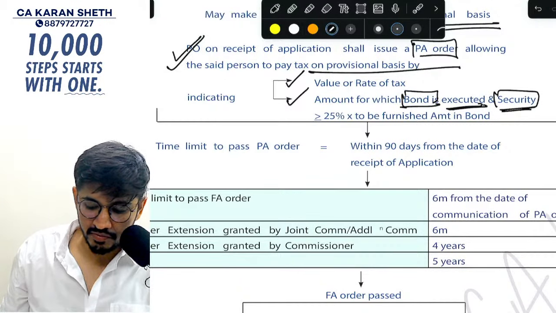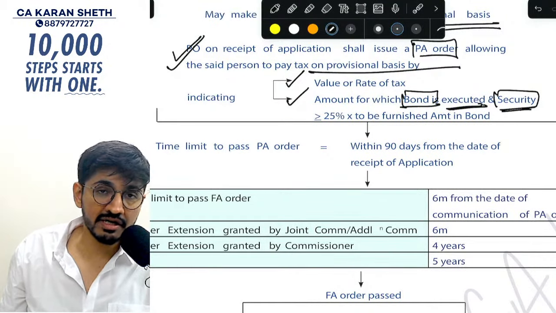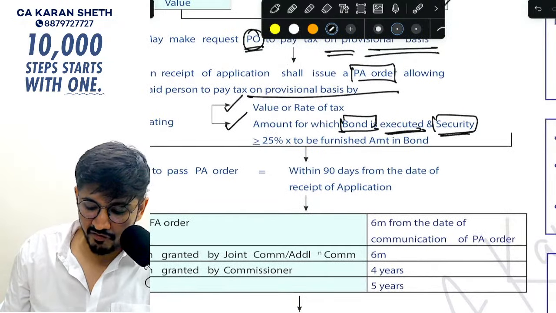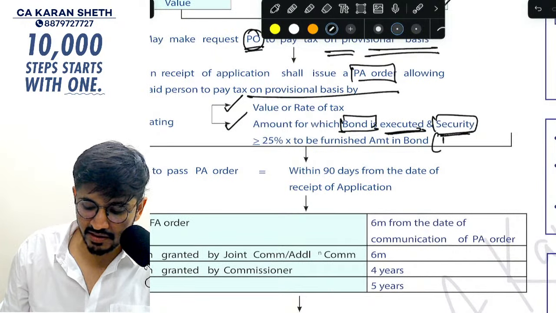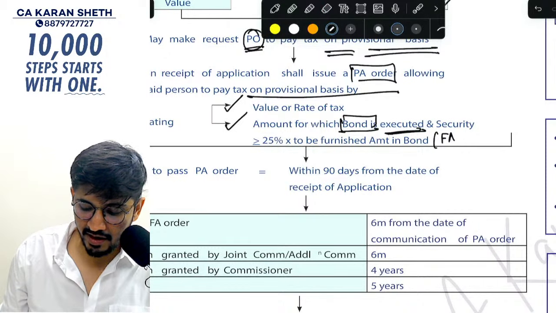The security value has to be, my dear friends, greater than or equal to 25% of the furnished amount and bond. And the furnished amount and bond will be nothing but the difference between FA and PA.